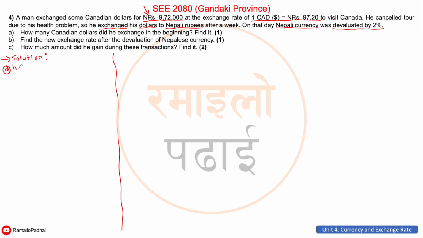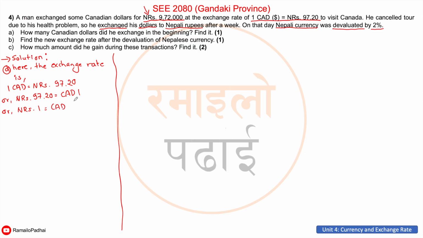In A, here the exchange rate is 1 Canadian dollar equals NRS 97.20, or we can also write NRS 97.20 equals Canadian dollar 1, or NRS 1 equals Canadian dollar 1 by 97.20.